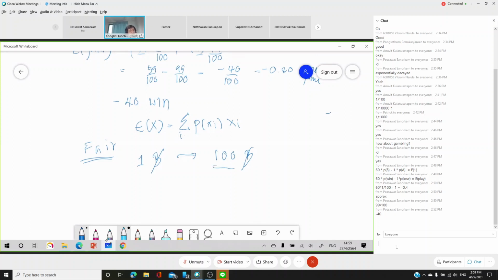Why? If the probability of winning is 1/100, and if they pay you 100 baht if you win, that means on the average you're going to win about one game for every 100 games. So that means you put down 1 baht for each game, you lose 100 baht, and you're going to win one game and you get back that 100 baht.